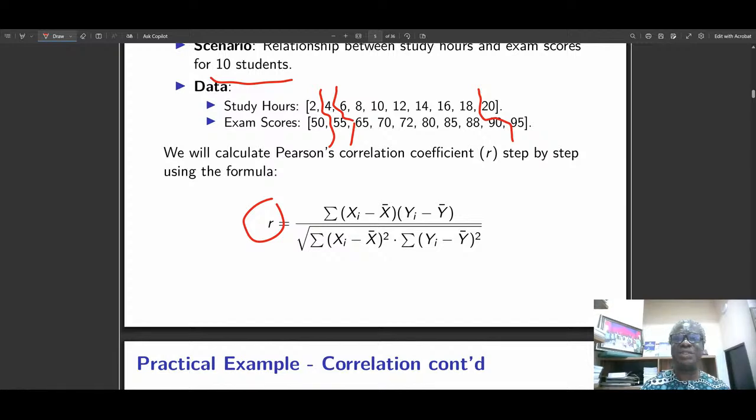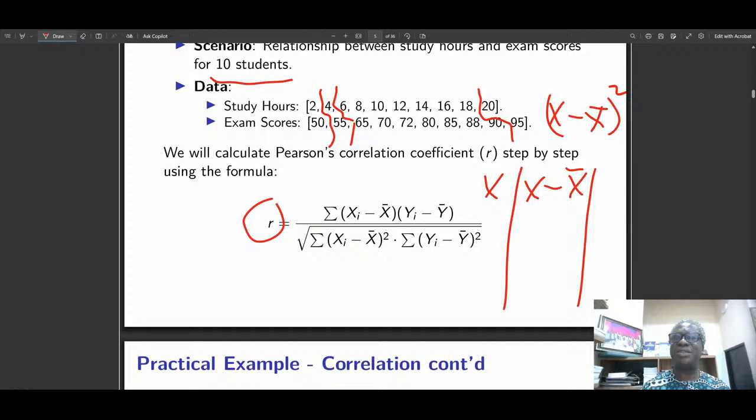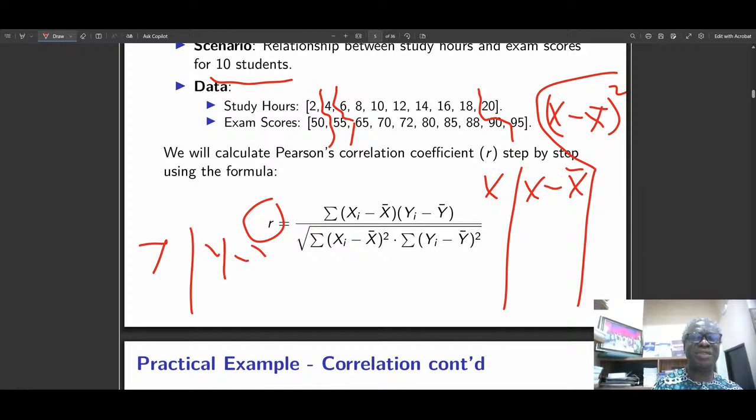So you can have a table where you have X, and you have X minus X bar, and then another column, X minus X bar squared. And then you also have y minus y bar, and y minus y bar squared.